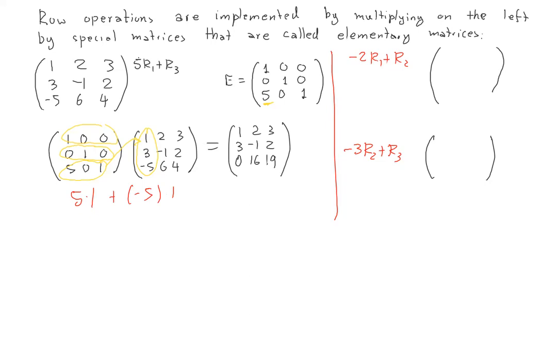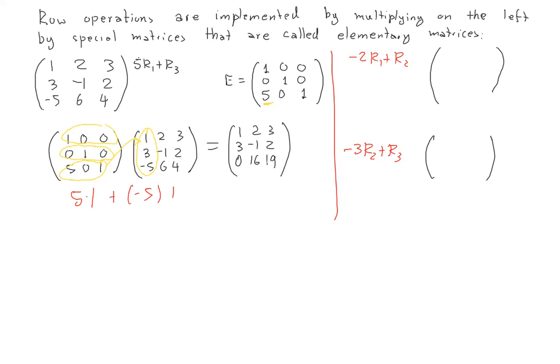Okay, let's see if you did it right. So here, the -2 row 1 plus row 2, and then the -3 row 2 plus row 3. I want you to do both of them. And these are really the only ones that we're going to use. Look at what is written on the top.